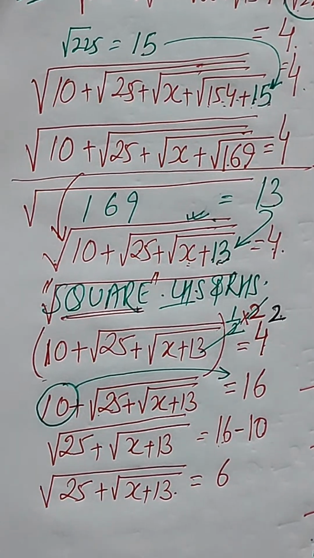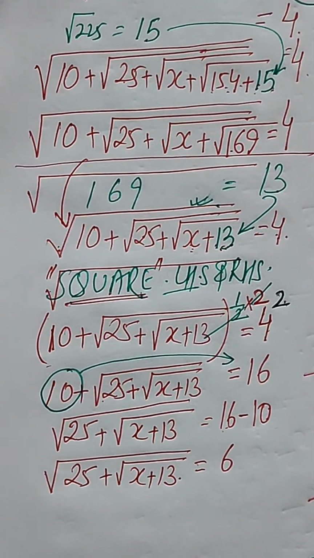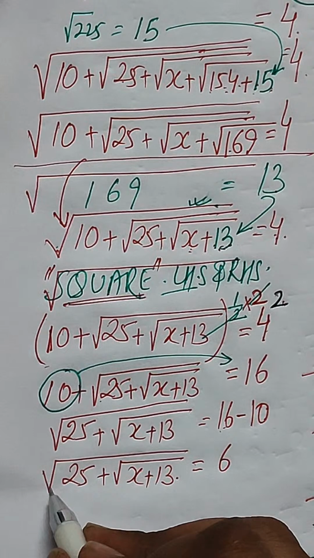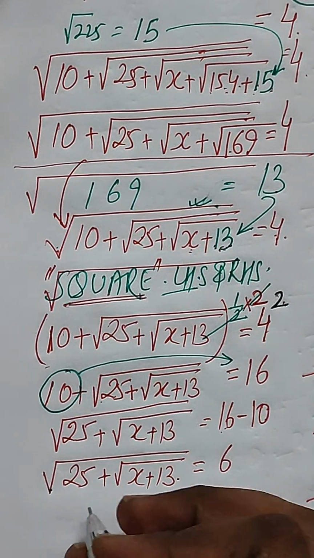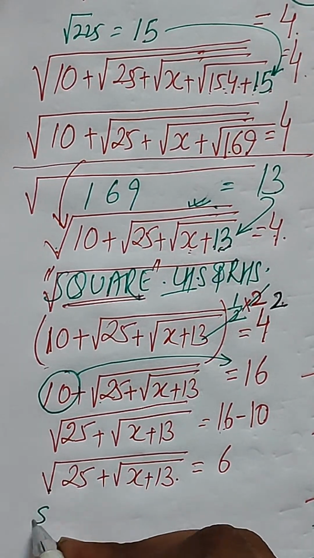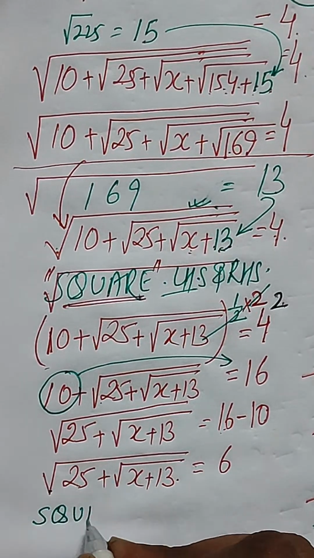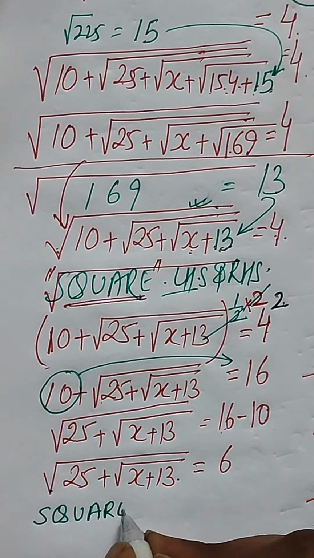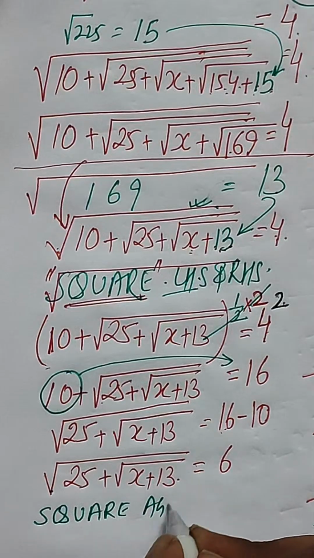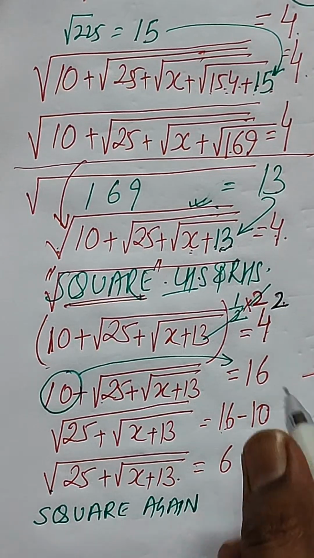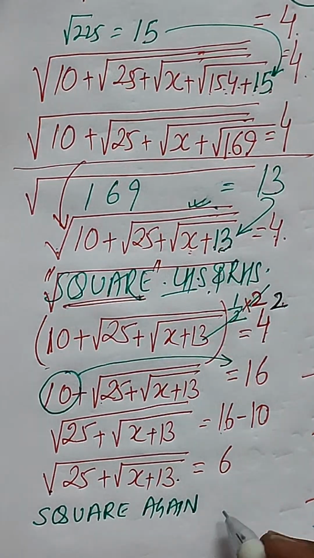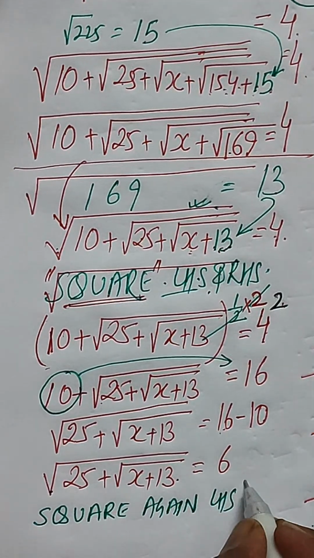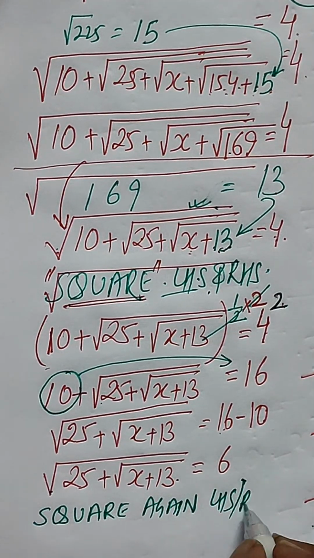Now what is the next step that we can do? The doable step is that we can remove this root, right? To remove this root, we just square again. We have already squared one time earlier, so square again on the LHS and RHS.